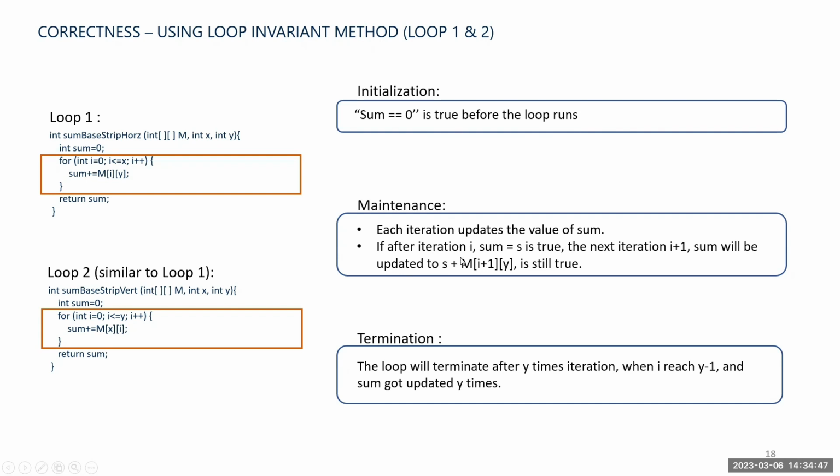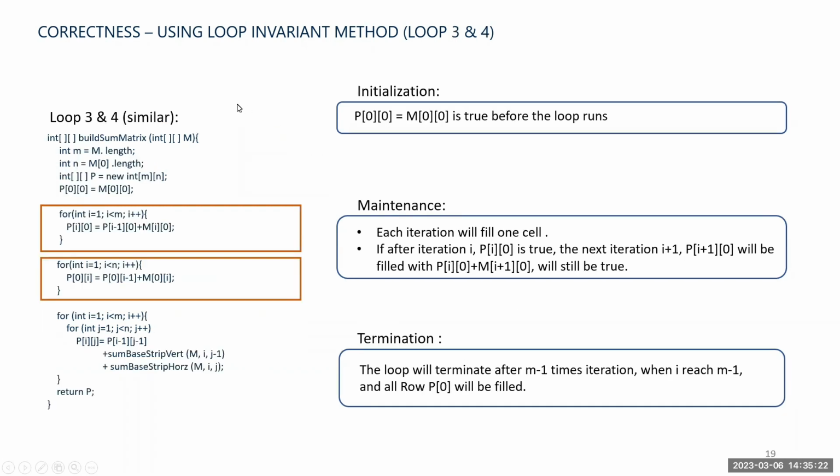If after iteration i, sum equals s is true, then at the next iteration i plus 1, sum will be updated to s plus M[i plus 1][y], which is still true. Termination: the loop will terminate after y iterations when i reaches y minus 1, and the sum got updated y times. Loop 2 is similar to loop 1, just vertically.